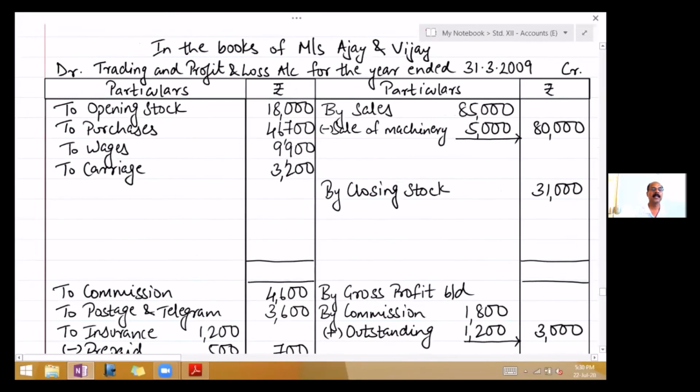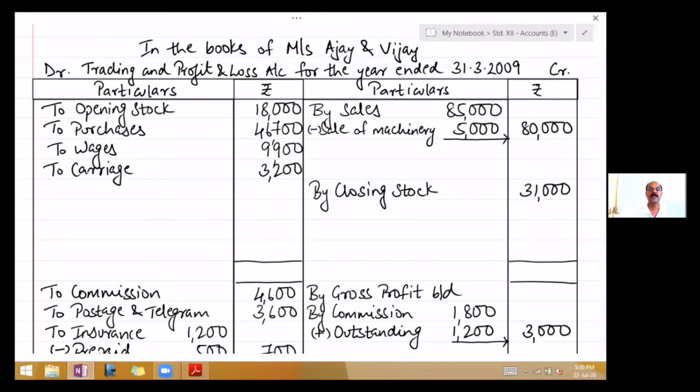Calculate the gross profit now. Take the total of the credit first. 80 plus 31. How much is it? 1,11,000. Write the same in the debit. And now find the gross profit. For finding the gross profit, take the total of the debit and deduct from the total of credit.